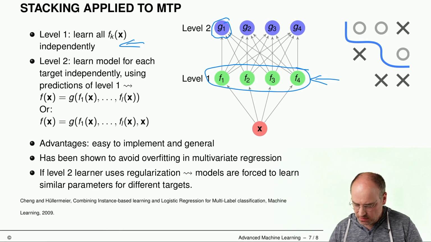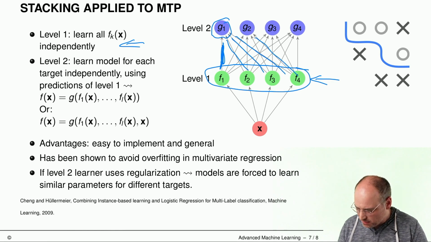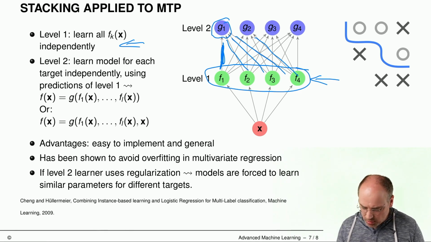So I guess G1 will rely pretty heavily on F1 because F1 was already tasked with learning the first target, but it can use and refer to these other level 1 models for the other columns to exploit this dependency and kind of improve its prediction for the first column. And again, this is quite easy to implement. It's not much harder than just doing this independent column modeling. This has been shown to work quite well.